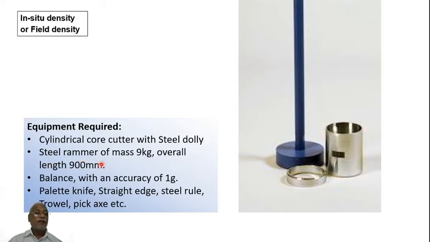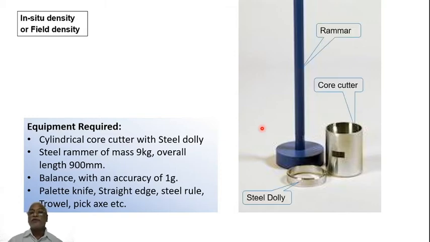Then next is a steel rammer of mass 9 kg. This rammer that you see is 9 kg. Overall length is 900 mm, almost a meter. So these are the things we have here: core cutter, steel dolly, and a rammer.